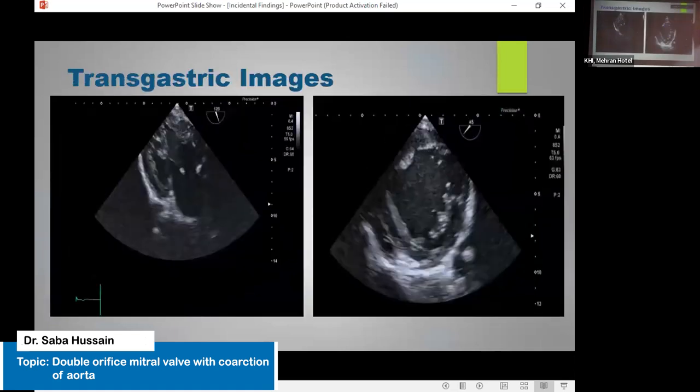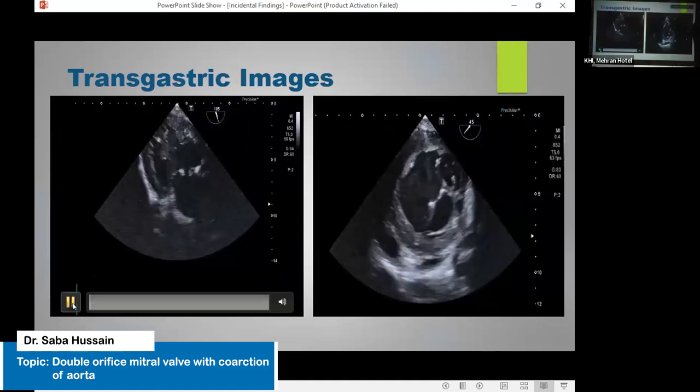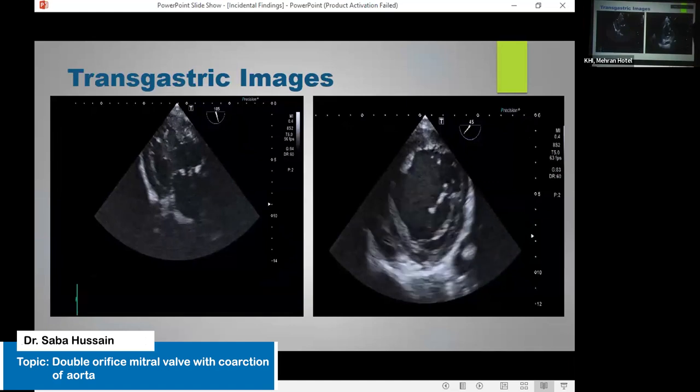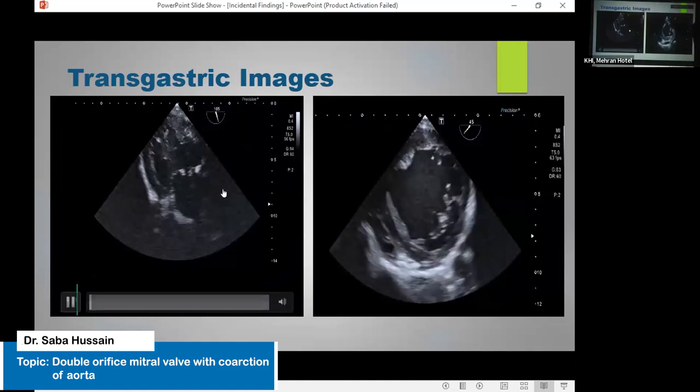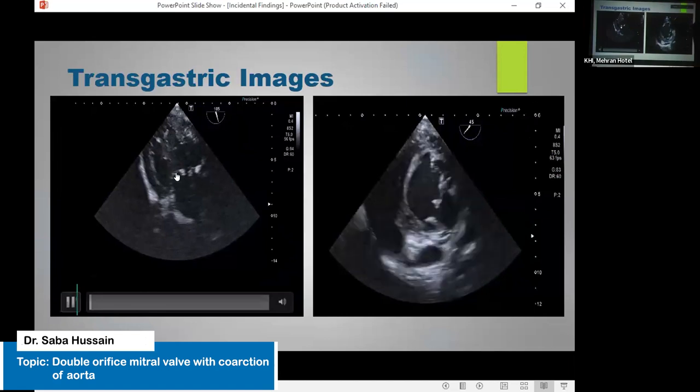Then we go into the transgastric views. These are the transgastric views that we have, and as you can see in this case, there is a fibrous ridge that is obstructing, making the two orifices of the mitral valve actually.